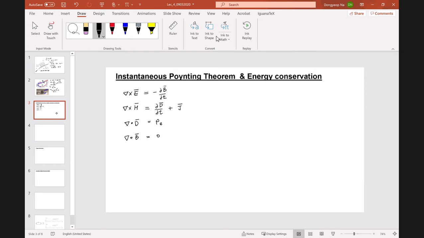That's because if we compare Faraday's law, equation 1 here, and equation 2, equation 2 has the J term, which is a source term. But Faraday's law doesn't have any source term, so it is mathematically not symmetric. The same thing applies to equations 2 and 4.